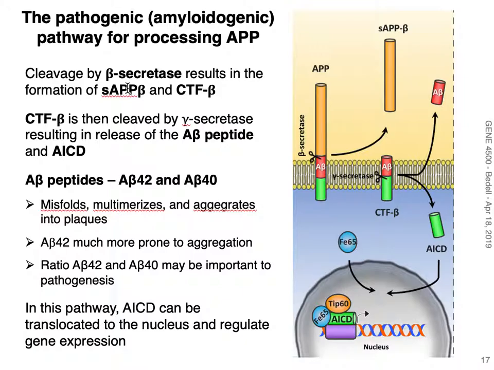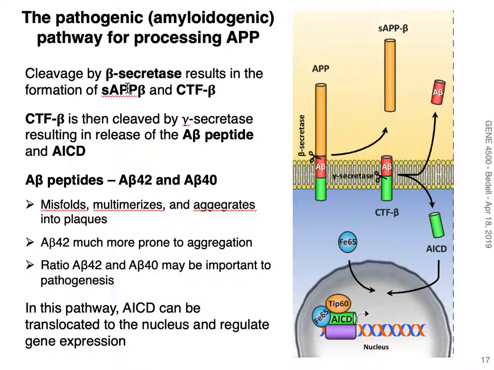Okay, now again, back to the familial form so that we can understand more of what's going on in terms of processing of the APP. Just so you know, there are lots of different mutations in APP, including a duplication. A lot of these mutations are missense mutations that are specifically at those sites of cleavage by the beta, alpha and gamma secretases.